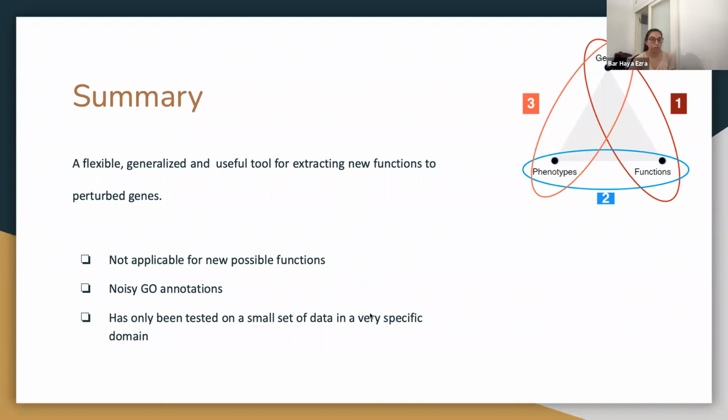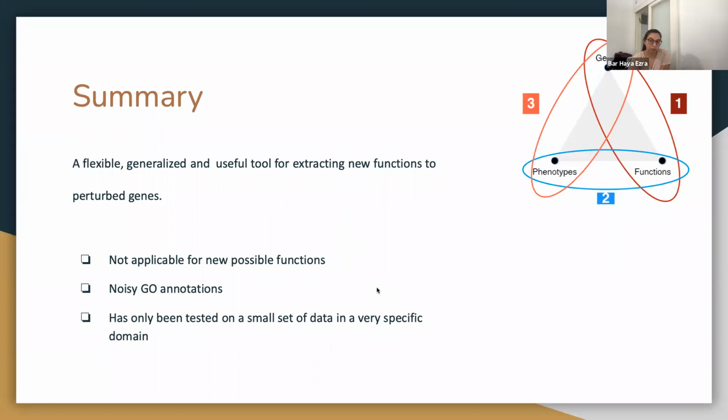However, this research does perform on a small set of data in a very specific domain, and further research is required. We also suggest using different features which can affect the phenotypes, and that way it tests the performance of the algorithm.